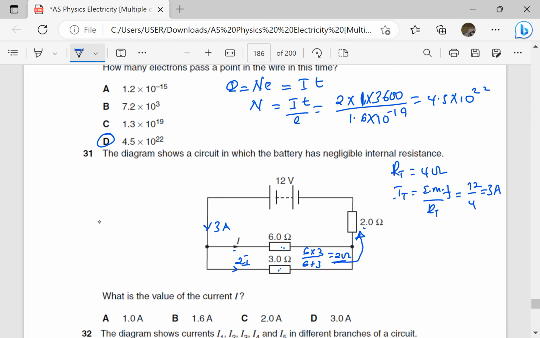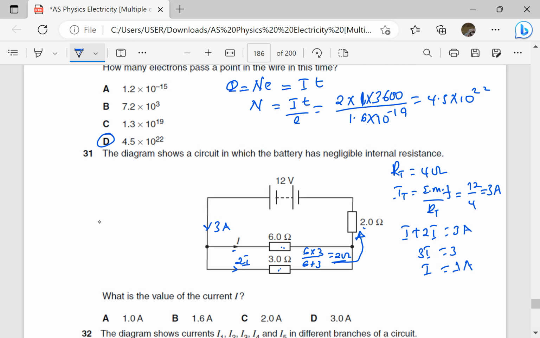If the current in 6 ohms is I, then the current in 3 ohms should be twice I, because 6 is 2 times 3, and current is inversely proportional to the resistance. So I plus 2I should give me 3 amperes, which means 3I is the same as 3 amperes. So I is equal to 1 ampere. So the current I is 1 ampere.